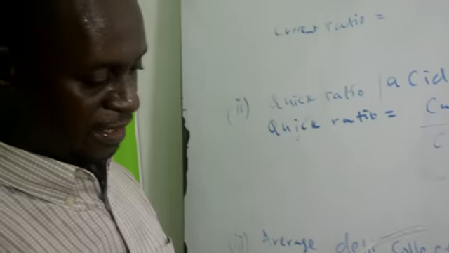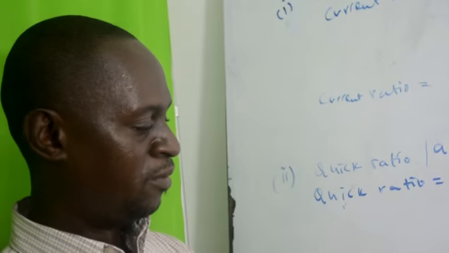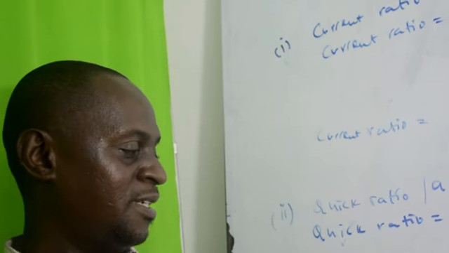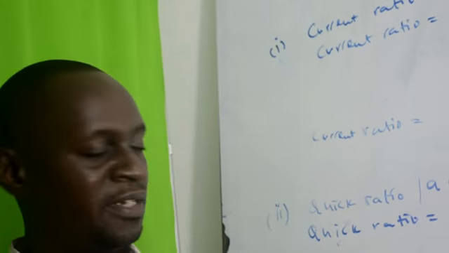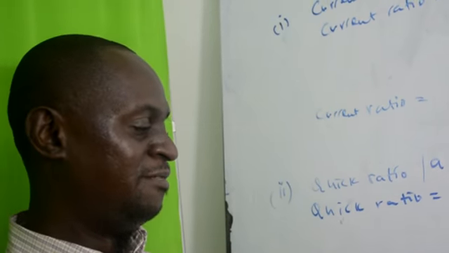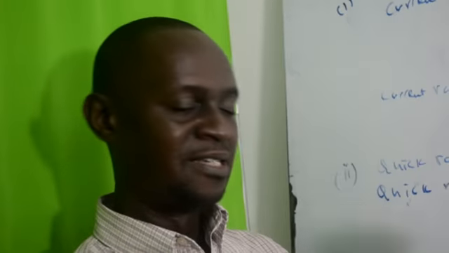Now, if the examiner has not given you the number of days in a year, you are at liberty to use 360, 365, or 366. You can use any. But the moment the examiner has given you a figure, you are bound to use that figure.